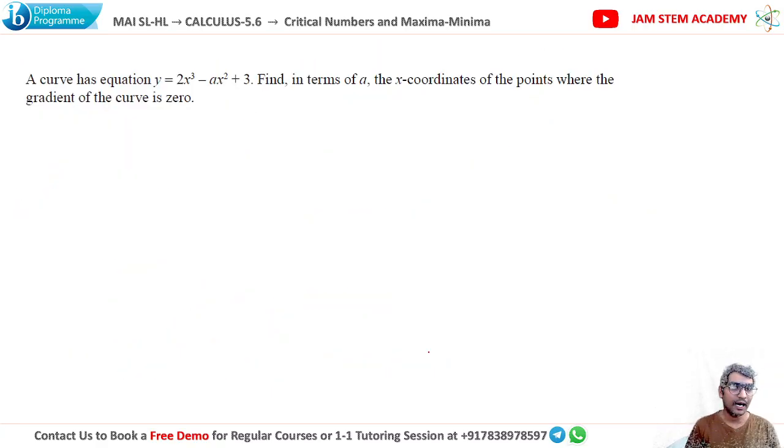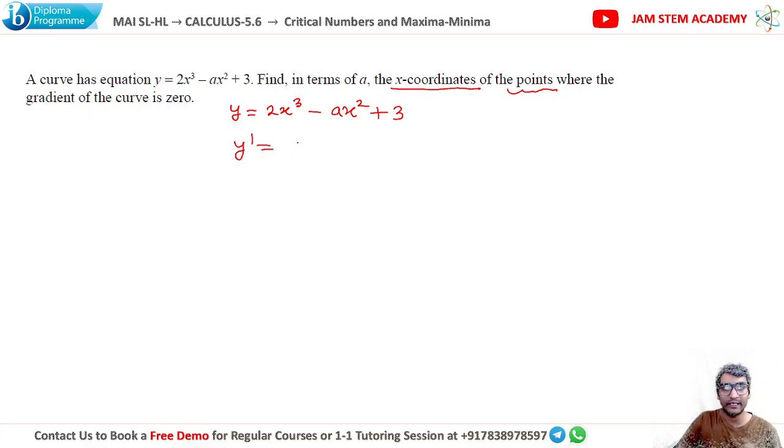Next one says a graph has the equation y is equal to 2x cubed minus ax squared plus 3. Find, in terms of a, the coordinates of the point where the gradient of the curve is 0. Okay, so we have y as 2x cubed minus ax squared plus 3. It says find the x coordinate of the points where the gradient is 0. So first let's find y prime, which is the gradient.